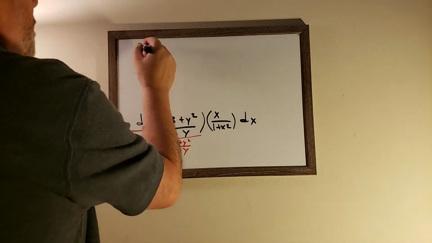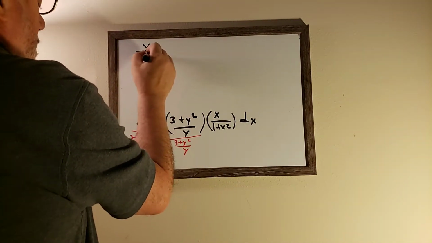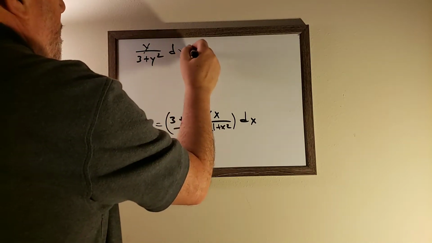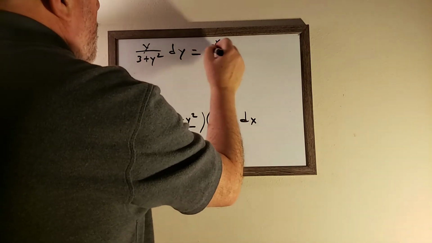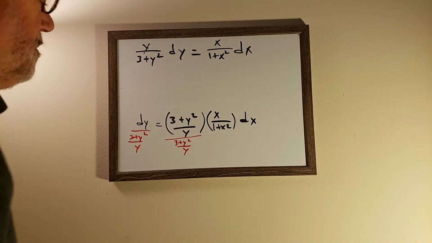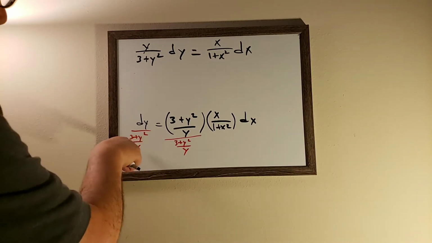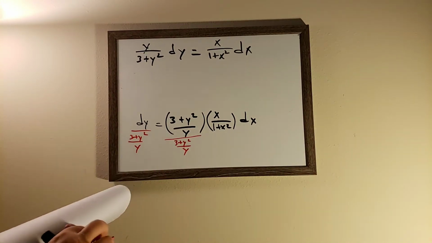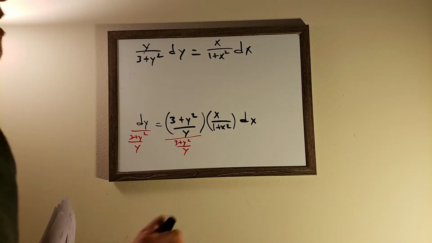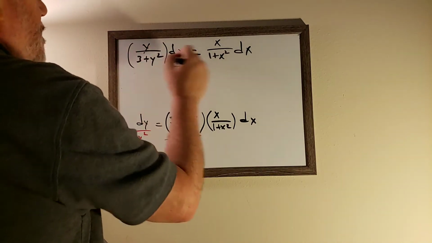And so we end up with y over 3 plus y squared dy equals x over 1 plus x squared dx, right? So yeah, 1 divided by this, again, remember in terms of dividing fractions, leave the first one alone and flip the other one over. And so that's why we ended up with what we have here, right?